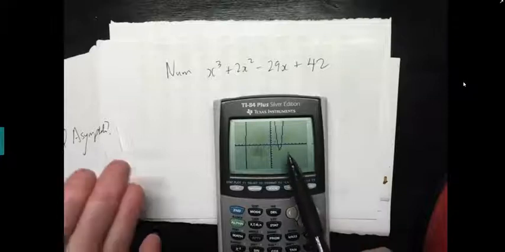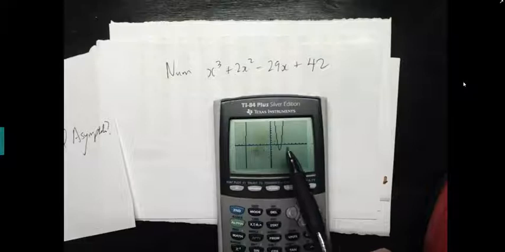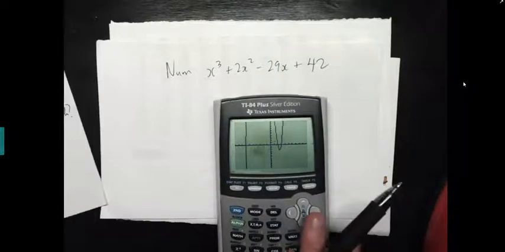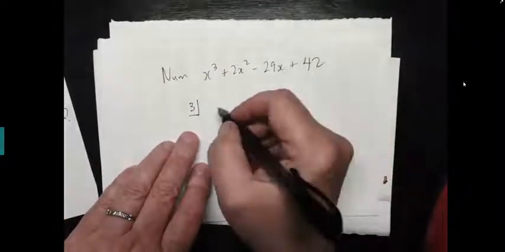Okay, so I'm going to choose 3, and it wouldn't matter if I'd chosen negative 7 or 2 or 3. I'm going to get the factorization of this. I'm going to use synthetic division on this.